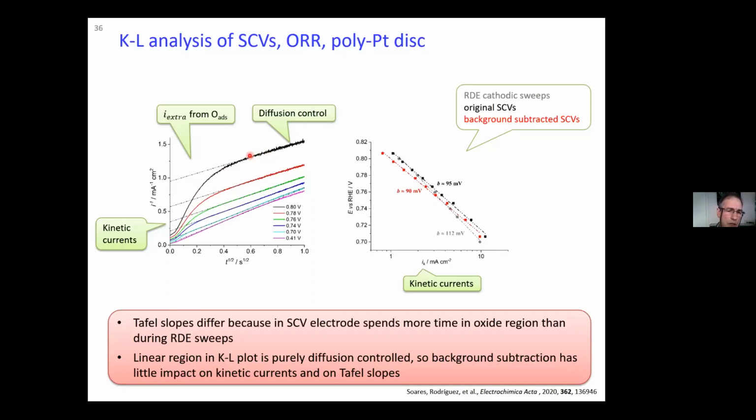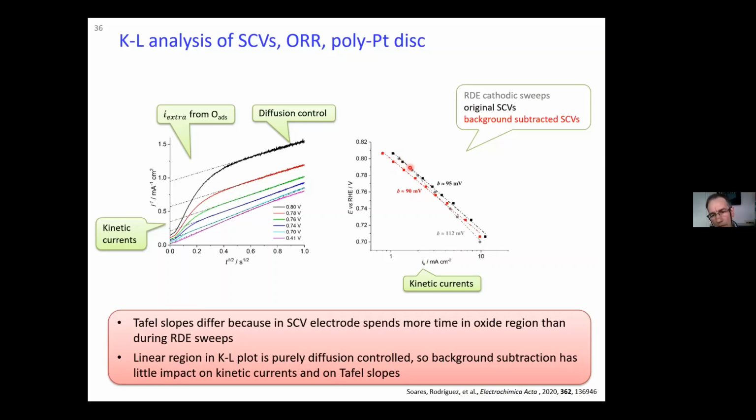But if you extrapolate the linear relationship obtained at long times and look at these intercepts for the different potentials that were selected, and you plot these intercepts on a Tafel plot, so this is now the potential, and these are the intercepts, you find that the sample current voltammograms, or the chronoamperograms recorded at the different potentials, provide very good agreement with the data obtained with a rotating disk electrode.